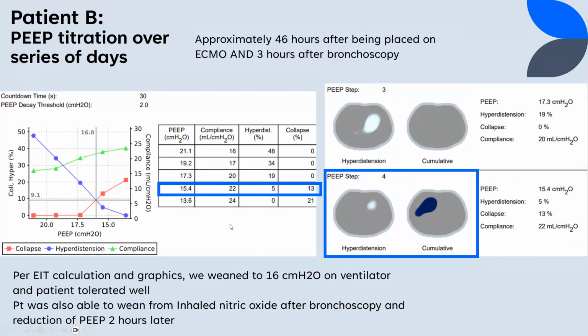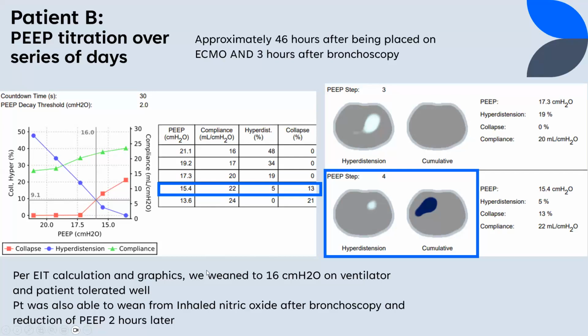So approximately 46 hours of being placed on ECMO, and this was also 3 hours after our bronch. So this is actually where we are seeing a change. Those last 3 slides, we just stayed at 18, but after we performed our bronch, we performed another PEEP titration maneuver. So per the EIT calculation and graphics, we weaned to 16 centimeters of water pressure on our PEEP.